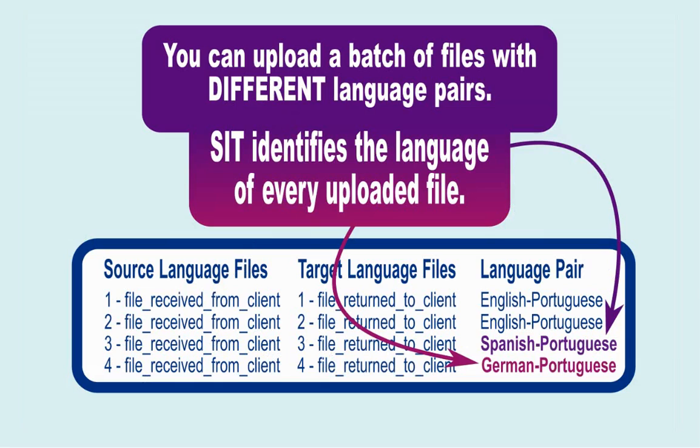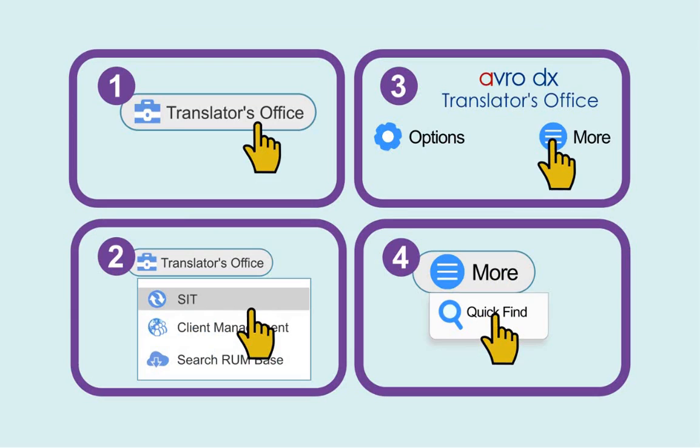Not a problem. While a file is being uploaded, SIT looks at it and identifies the language to assign the equivalent code at the end of the file name. As you can see here, 2 files are English-Portuguese, and the other 2 are Spanish-Portuguese and German-Portuguese. And there you have it.